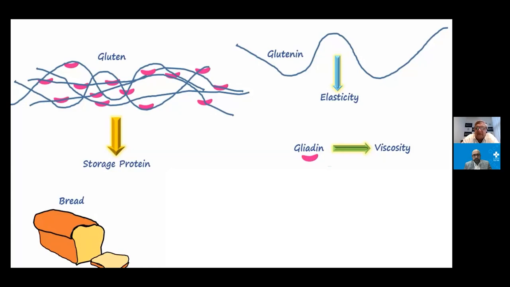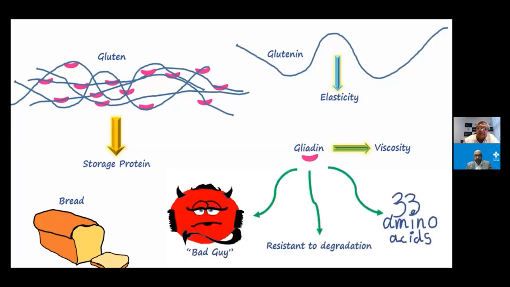Gliadin endows viscosity or thick and sticky property to the flour dough, whereas glutenin is mostly responsible for elasticity and cohesive strength of dough. Gliadin is the bad guy.